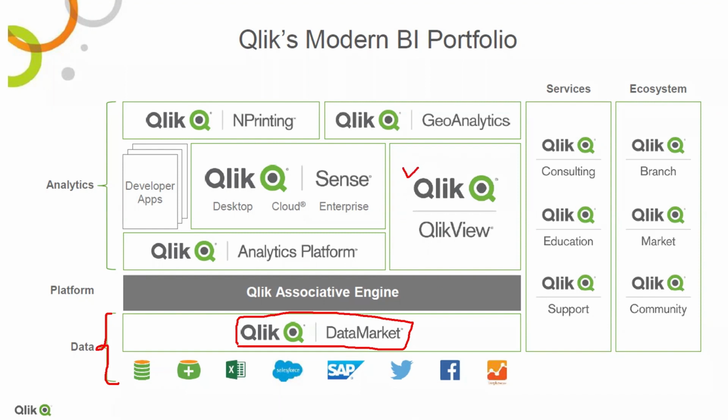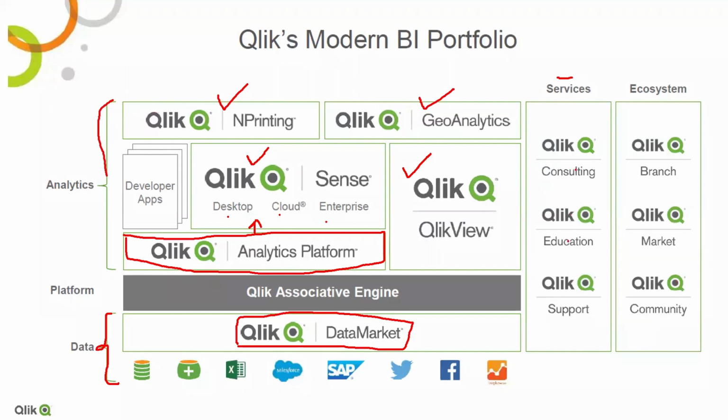You have QlikView here, and then you have Qlik Sense here, which is desktop, cloud, enterprise. You have the Qlik Analytics Platform, which is powering your Qlik Sense. You have Qlik Geo Analytics, and then on services and ecosystem, you have consulting, education, support, and so on. But this is where majorly the analytics work happens.